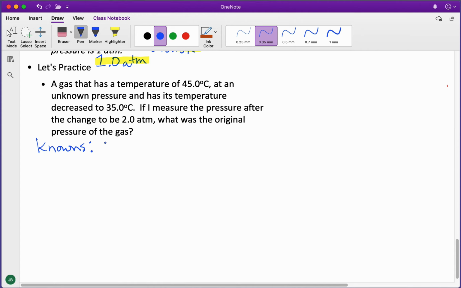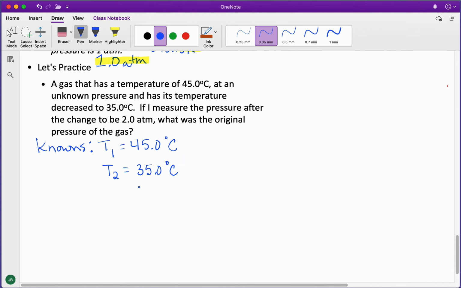We're going to start off with a temperature of 45.0 degrees Celsius. And the temperature is then decreased to 35.0 degrees Celsius.